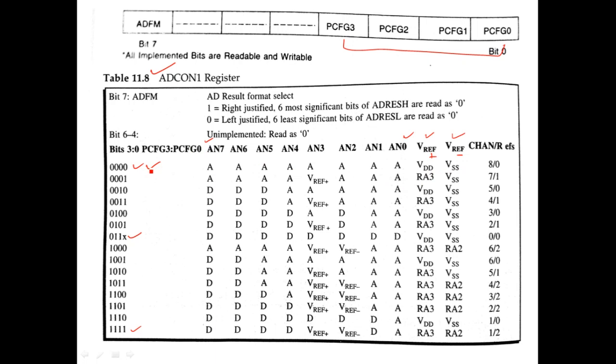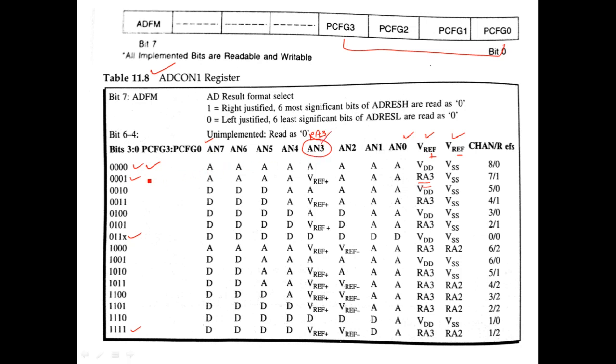But if you go for the second option, you can apply V reference to one of the port pins. Here V reference minus will be fixed at 0 volts, but V reference plus is decided by the voltage that you apply to pin number 3. This is port A, pin number 3, which carries analog input channel 3, RA3.